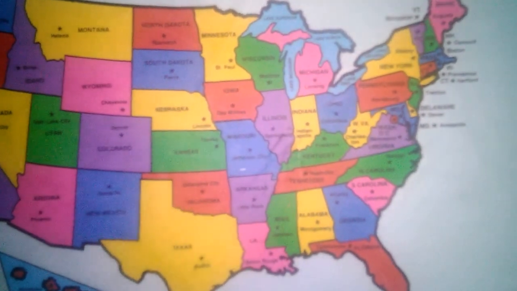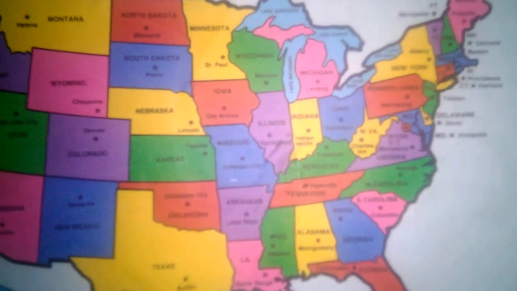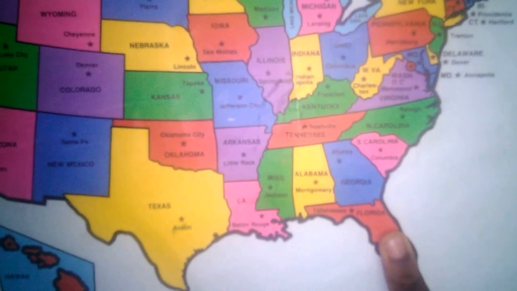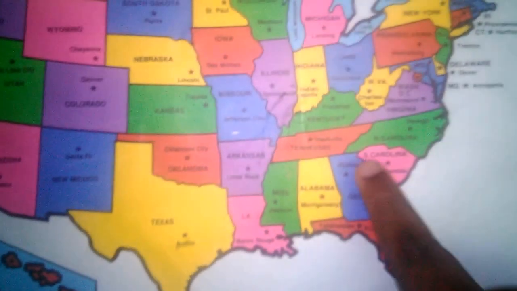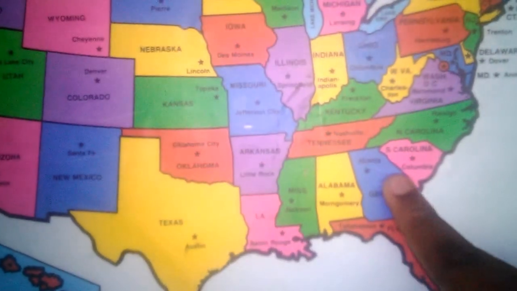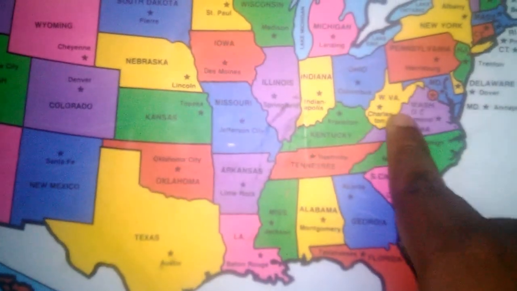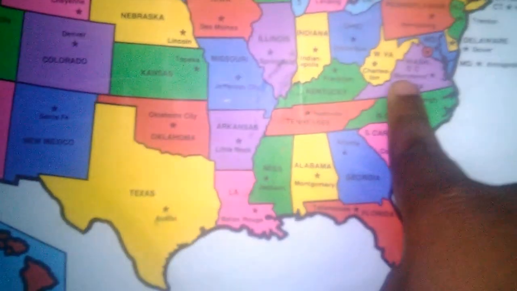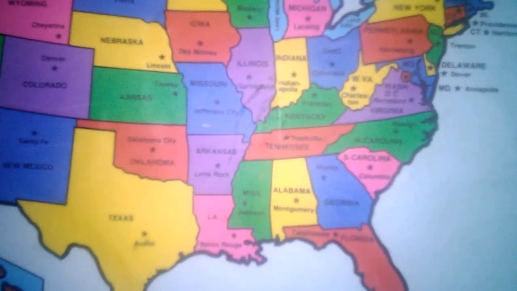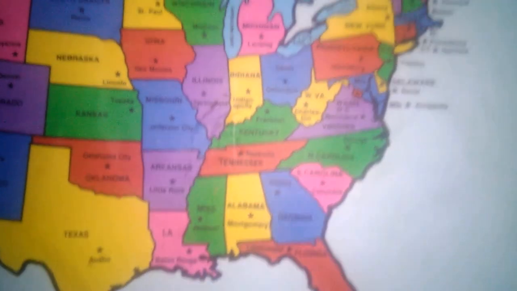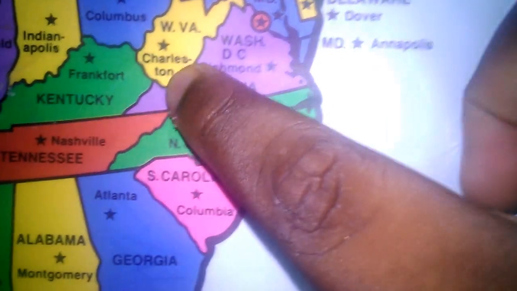We're not the only ones that did this, though. A whole lot of these states did this. This is La Florida, so we can forget about La Florida. Georgia, North Carolina, South Carolina. You can see how it just gets divided right here.